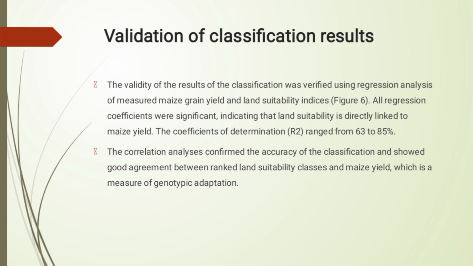The coefficient of determination ranged from 63 to 85%. The correlation analysis confirmed the accuracy of the classification and showed good agreement between ranked suitability classes and maize yield, which is a measure of genotypic adaptation.